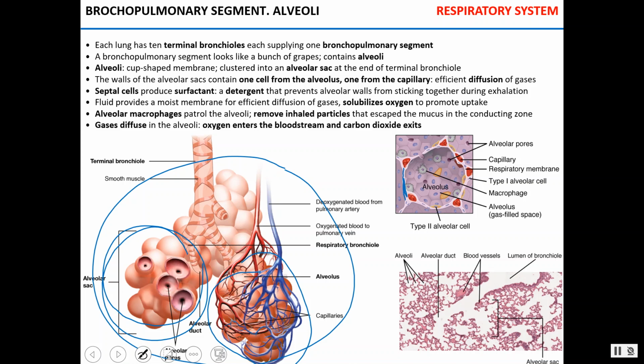Inside of the alveoli are alveolar macrophages, which remove the particles that we inhale. And the gases in the alveoli diffuse across the respiratory membrane, which consists essentially of the alveolar cells, basement membrane of the alveolar capillary, and endothelial cells of the capillary.